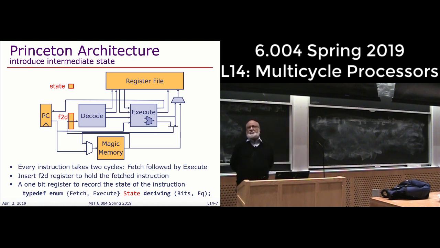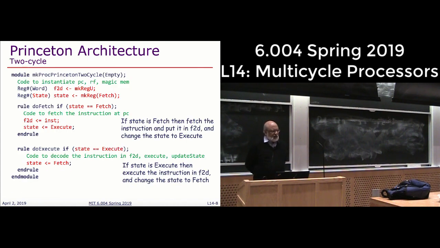So that's the kind of machine we want to build now. And actually you have already done most of the work. So now if you have the first one working, designing this two-cycle processor is really quite straightforward. So what you do in this case is, I have declared these two registers now, F to D, because remember, any state you use, you have to instantiate it explicitly.